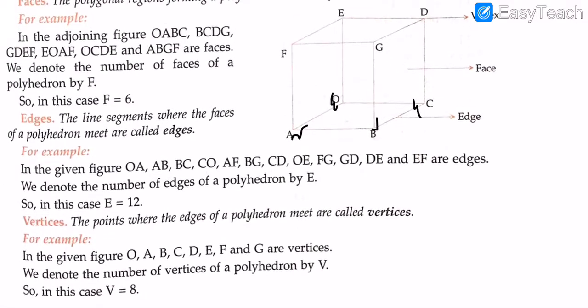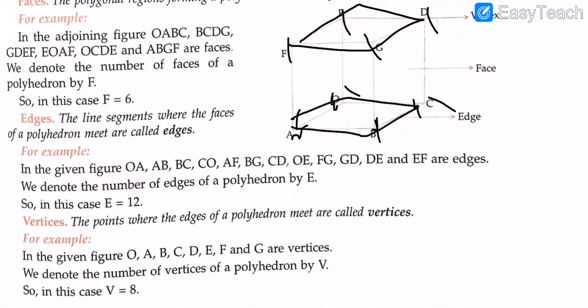I'd say it has again 1, 2, 3, 4, 5, 6, 7, 8, and it has 8 vertices. And edges won't be 8, it will be 1, 2, 3, 4, 5, 6, 7, 8, 9, 10, 11, 12. I was wrong. It has 12 edges, 8 vertices, and 6 faces.